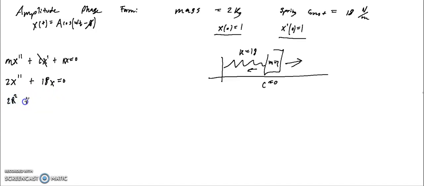So 2r squared plus 18. And well, we end up getting r equals plus or minus the square root of negative 18 over 2.